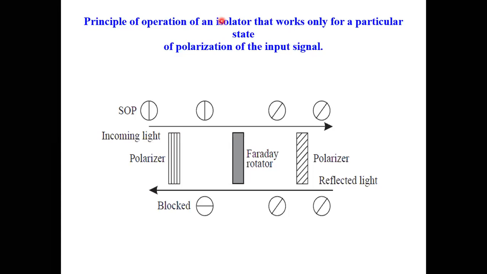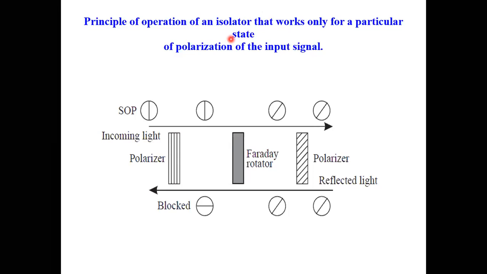Now, what is the actual working of an isolator? I don't want the signal to go back towards the source. Or you can say I have an incoming port and I have an outgoing port. If by chance there is some reflection from the outgoing port, the signal will reflect. We have seen signal reflect.